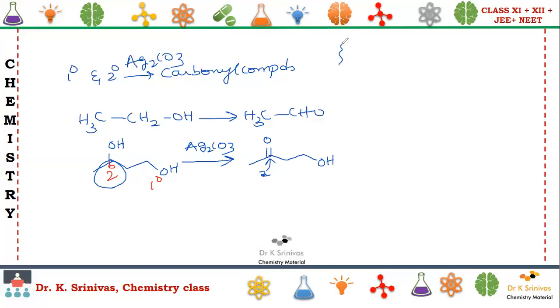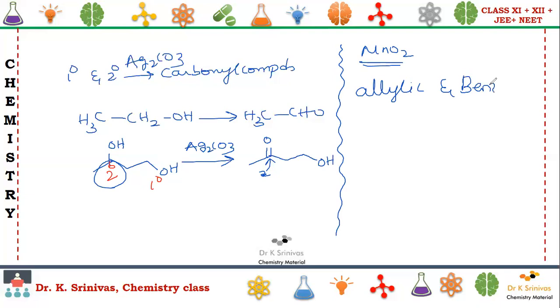Now let me take the example for MnO2. MnO2 is nothing but manganese dioxide. Generally, it is preferred for allylic and benzylic alcohols. So, how to have a clear-cut picture? We'll take one example. This is allylic.